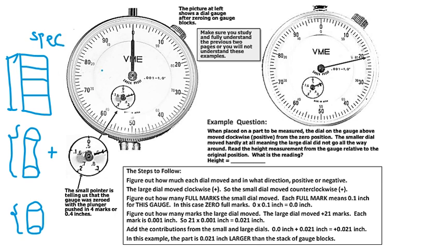If your pointer falls to the negative side, all you have to do is subtract this reading from here. If your dial pointer goes to the positive side, all you have to do is add the value to this sum.